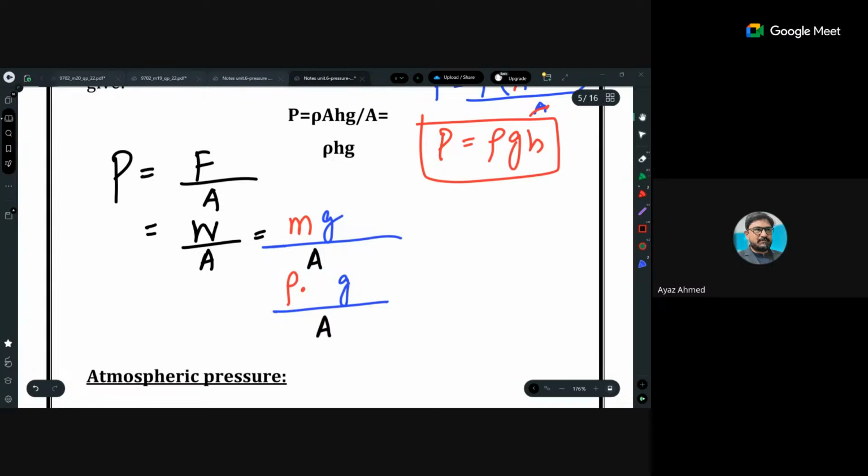This is your volume. And finally, this volume is actually what? Area into height. I'm just replacing this volume. I replaced the green one. Then density will be written as it is, and then the value of g will be written as it is, and divided by A will be written as it is.